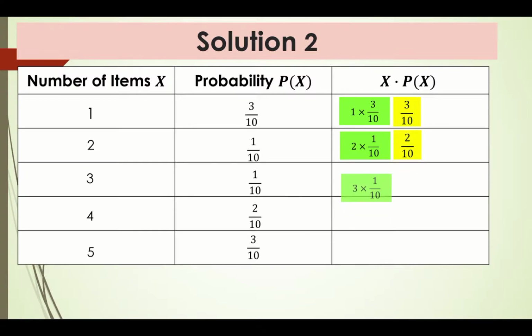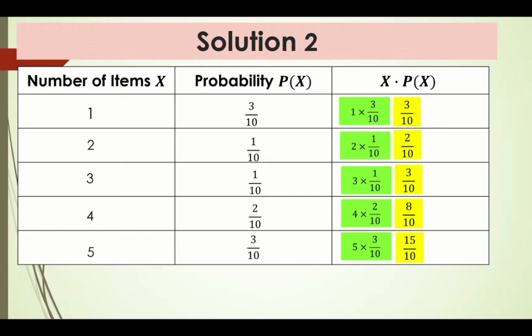Then, we multiply 3 by 1 over 10, which is equal to 3 over 10. Then, we multiply 4 by 2 over 10, which is equal to 8 over 10. Finally, we multiply 5 by 3 over 10, which is equal to 15 over 10.